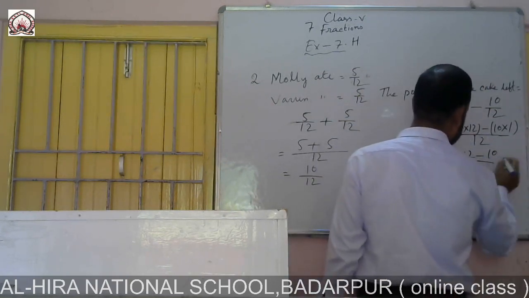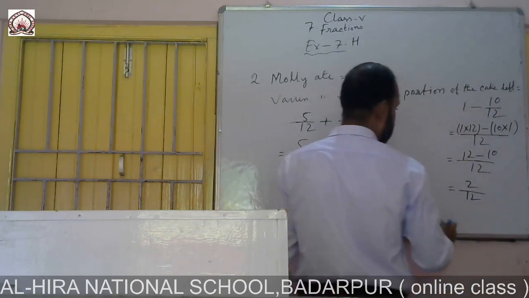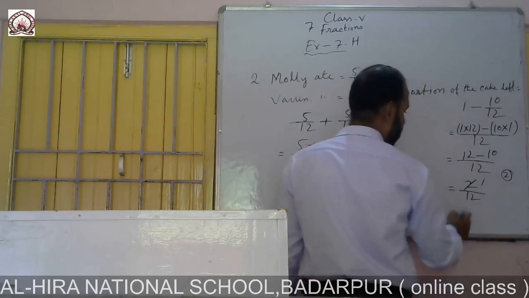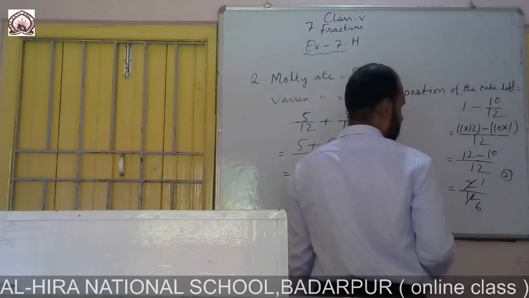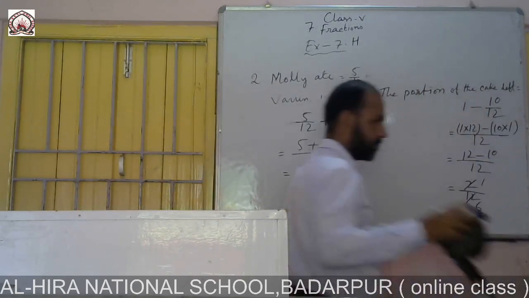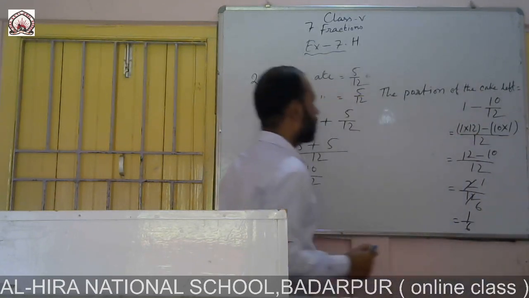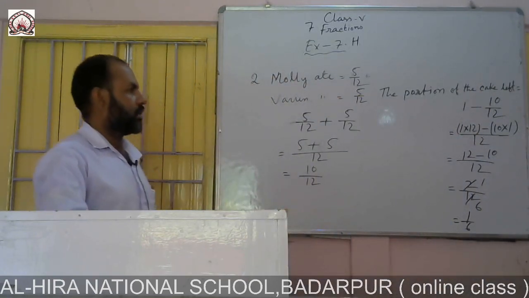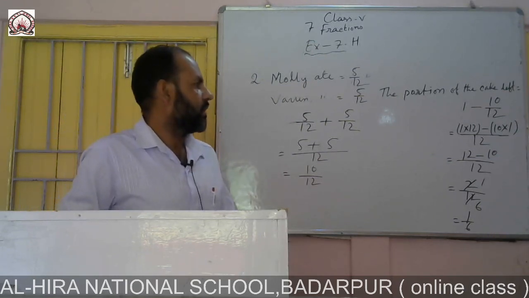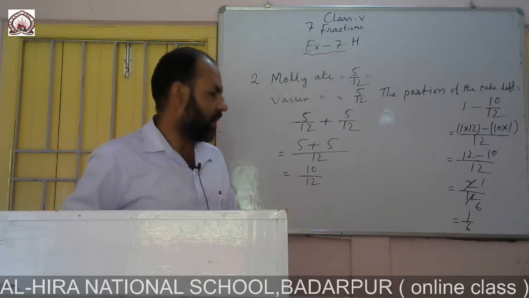So 12 minus 10 is 2 by 12. If we divide by 2, then 2 1s are 2 and 2 6s are 12. So the answer is 1 by 6. So the portion of the cake left is 1 by 6.